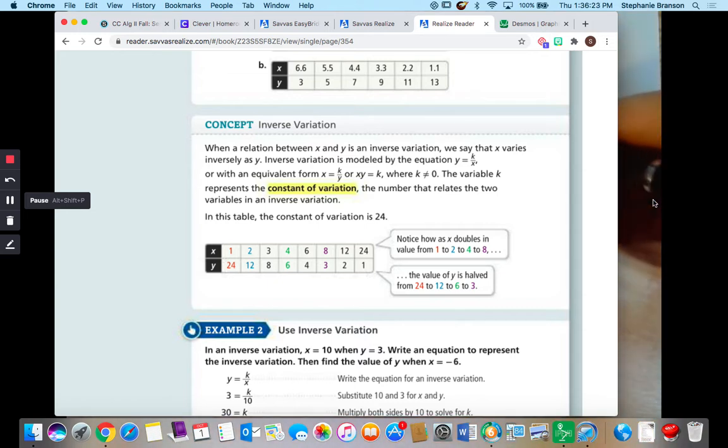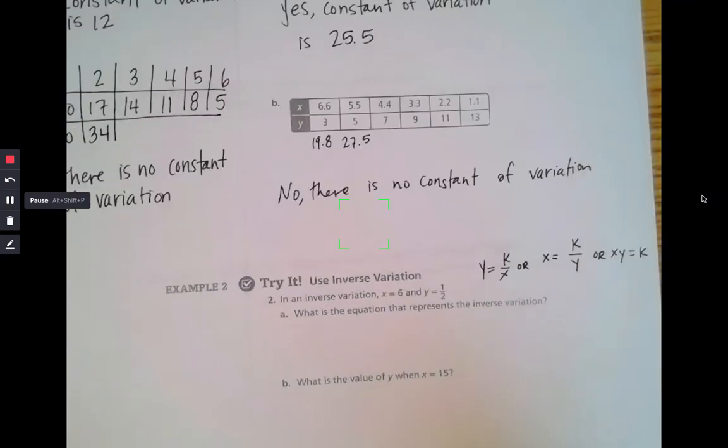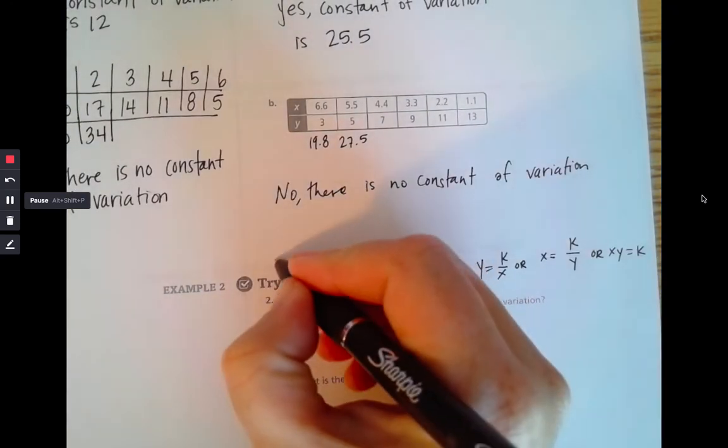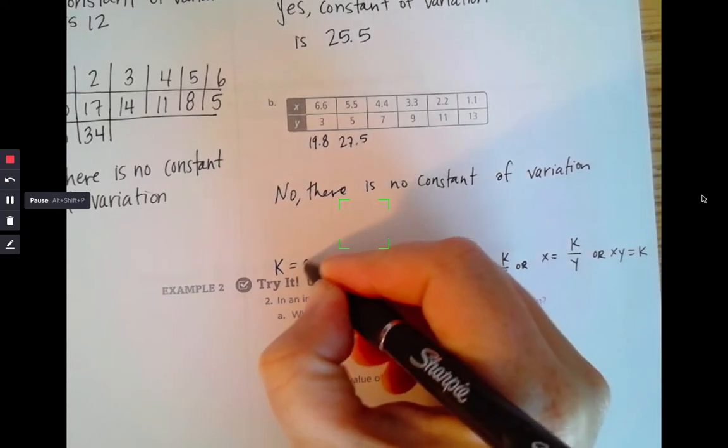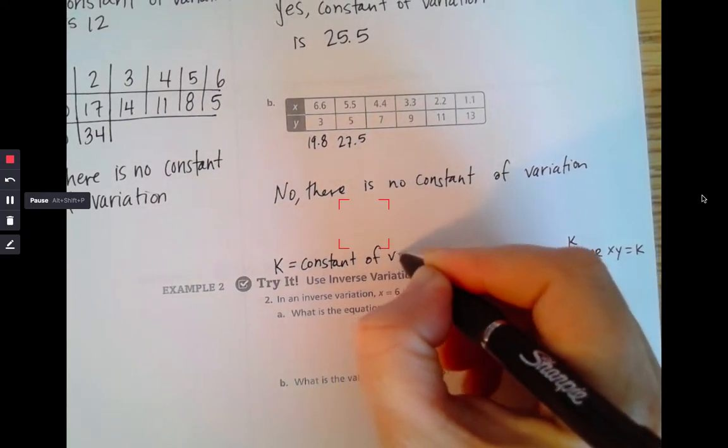Y equals k over x, or x equals k over y, or x times y equals k, where k equals our constant of variation.